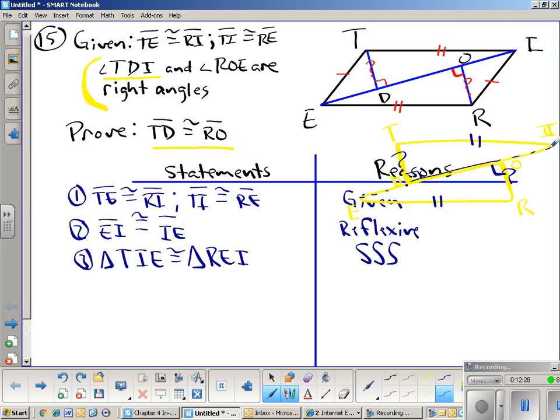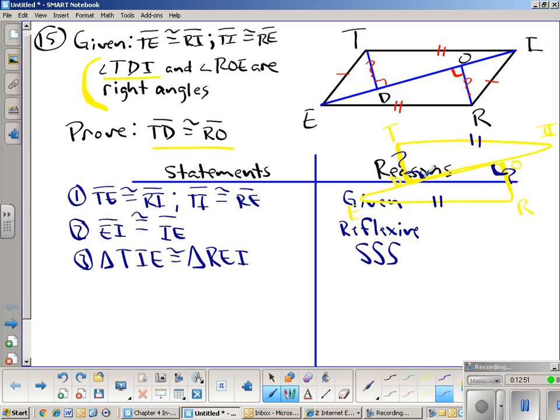So that's not really going to be helpful. So HL is good, but it's not going to help us this time. So go ahead. The reason the right angles are helpful is because all right angles are equal. If I know both these are right angles, I know they're congruent to each other, right? So I'm going to want to say that.